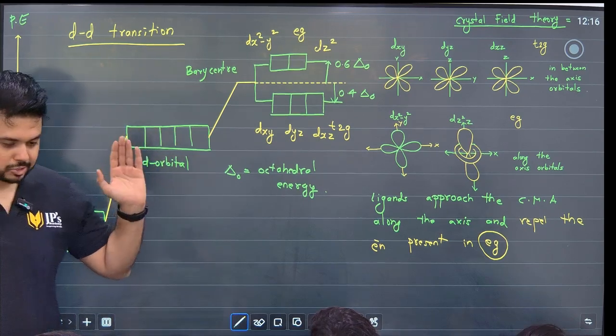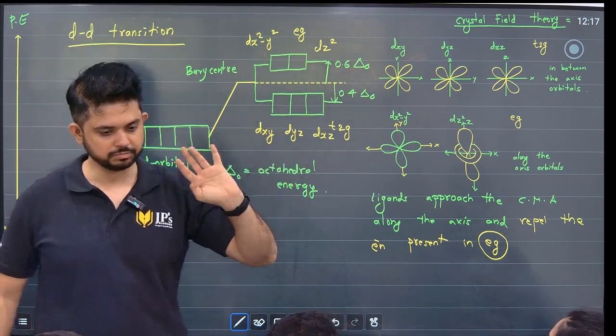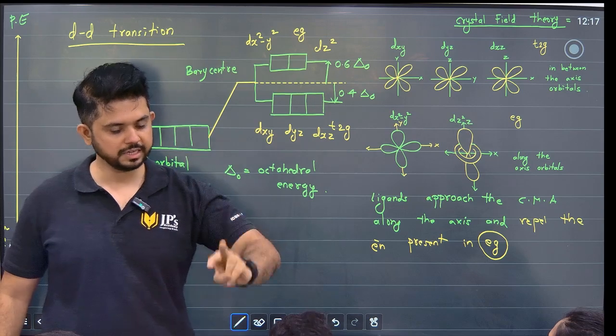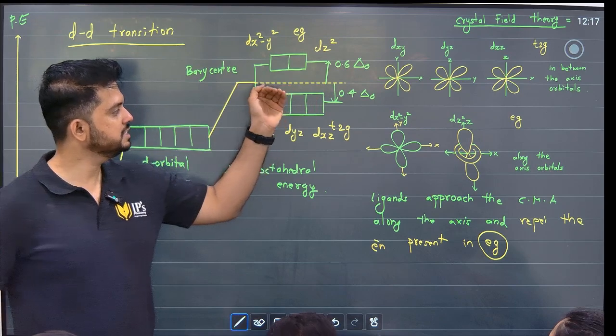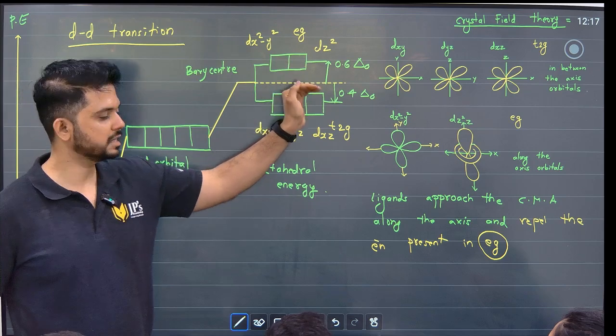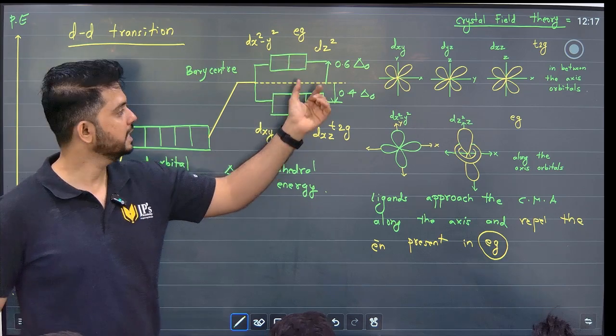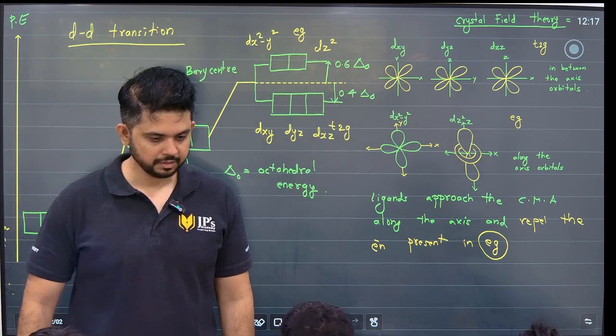So it's not that this is increasing and this is decreasing. See, it is increasing for both T2G and for EG. But when you look at the barycenter, how much is the increase in T2G? Increase in EG as compared to T2G? That is the value that we have written. Getting that?